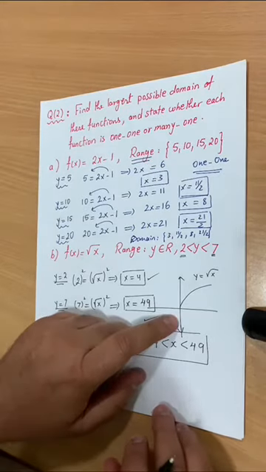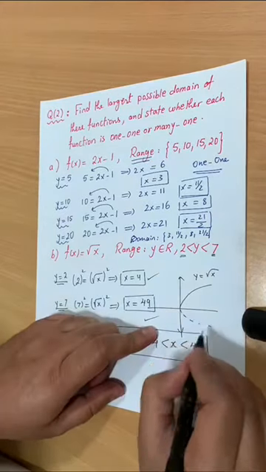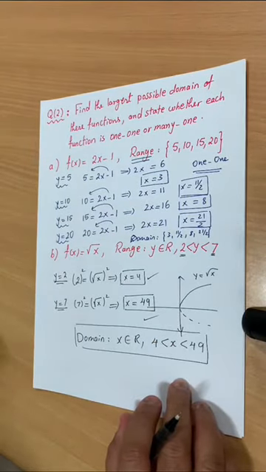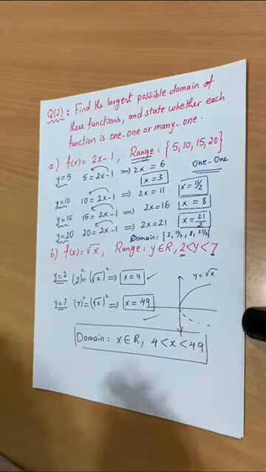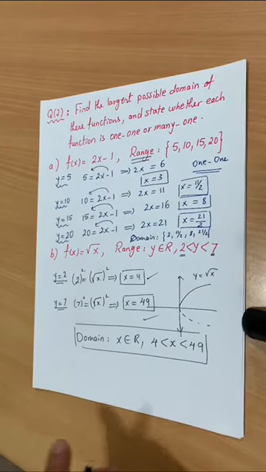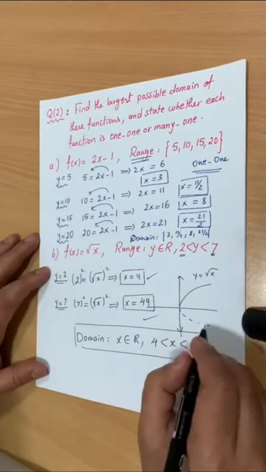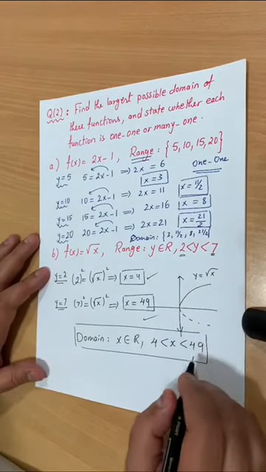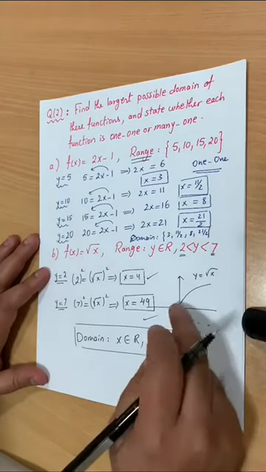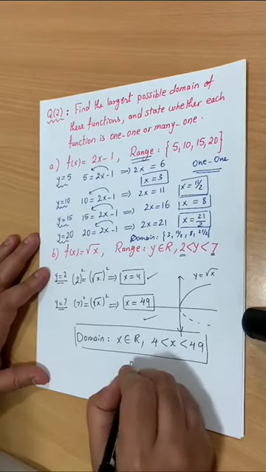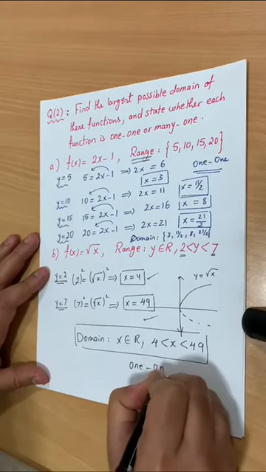But in this case, if you have the other part, we have to say that it is many-to-one. 1 x will give you 1 y or give you 2 y. This is in case you have the whole graph of root of x. But in this case you have only one part, so we have to say that it is a one-to-one function.